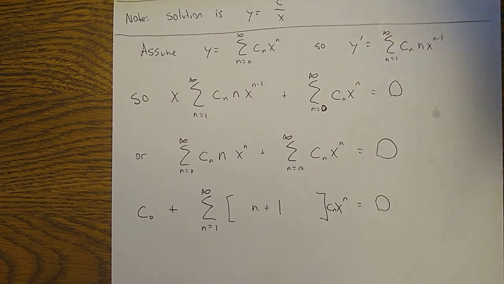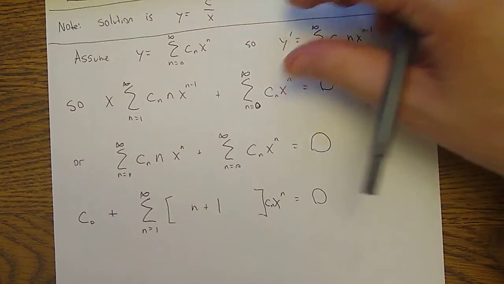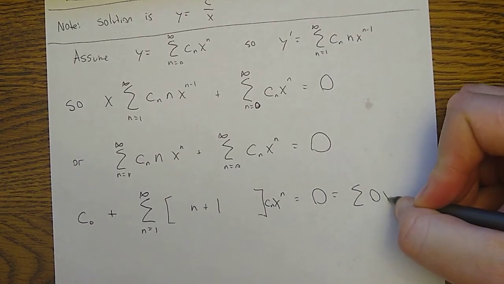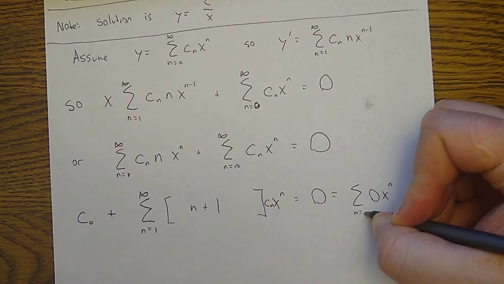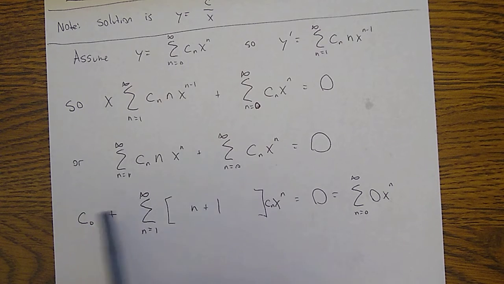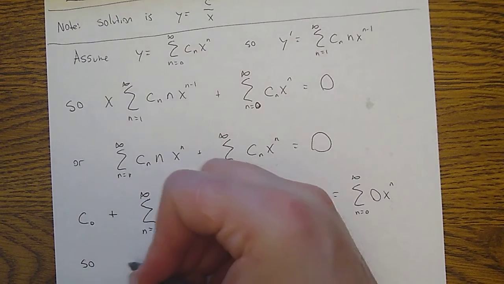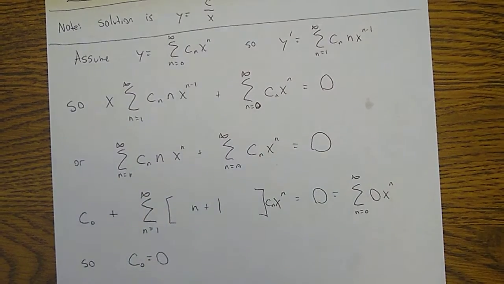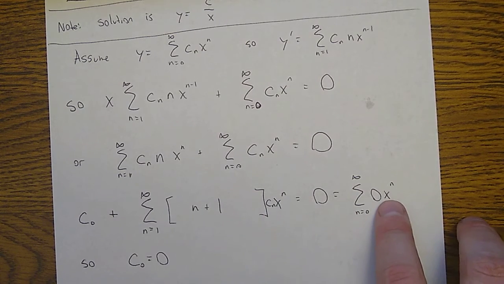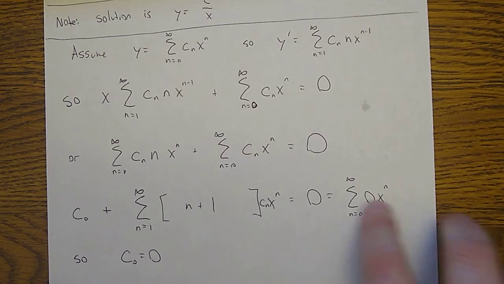Right? And again, this 0 we can think of as a power series whose coefficients are all 0. So when I'm equating coefficients, the constant term on this side has to equal the constant term on that side, which is 0. And the coefficient of x to the n in general on this side has to equal the coefficient of x to the n in general on that side.